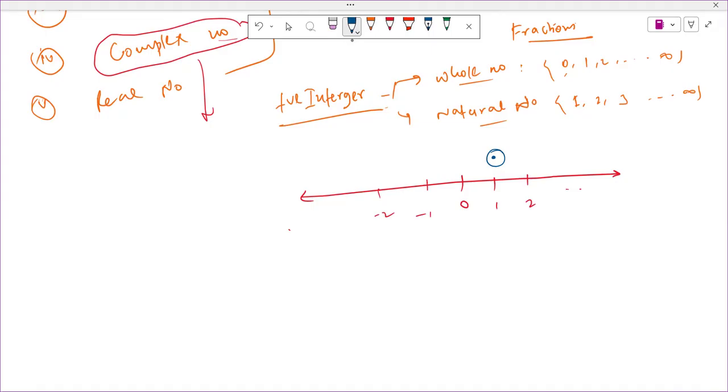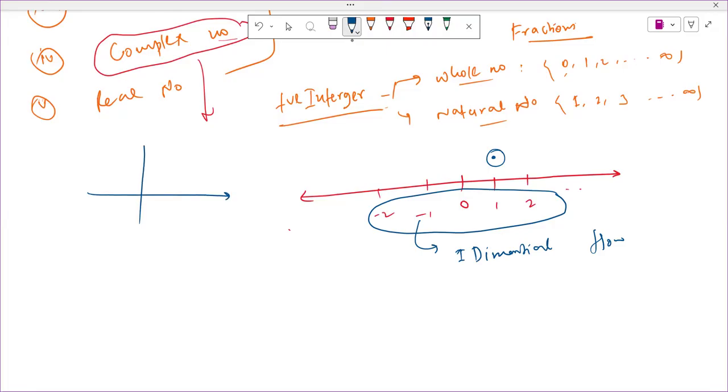Basically, this is a one-dimensional representation, 1D, one dimensional flow. So what if you have a two-dimensional flow of numbers? Let's say you have a plane now, and this is your origin. This horizontal line represents your real number line.